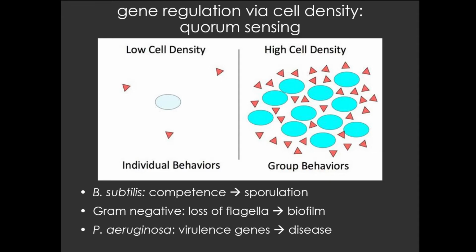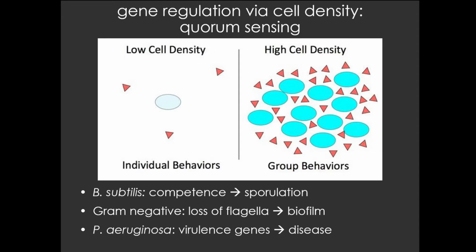Another really nasty example of quorum sensing causing a change in behavior is found in Pseudomonas aeruginosa, who, in order to avoid host defenses, will not transcribe or translate any of its virulence genes unless it knows that there are enough Pseudomonas aeruginosa in the environment that they can actually overwhelm the host defenses and cause disease.